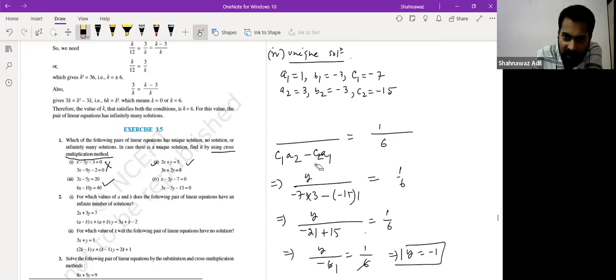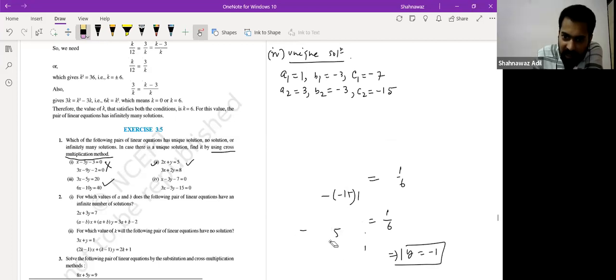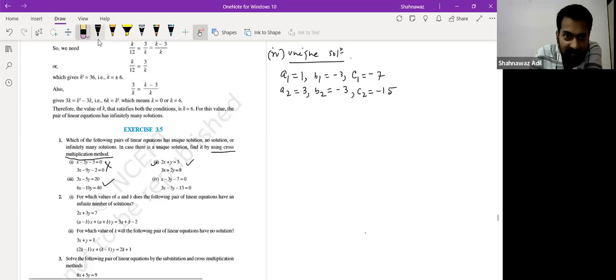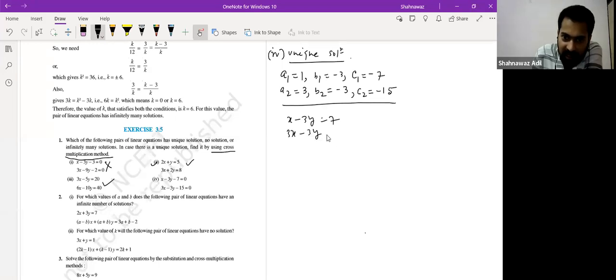We can try the elimination method, right? And check what is the solution. That is why I say that this is a complicated one, right? So x minus 3y is 7, and 3x minus 3y is what? 15.